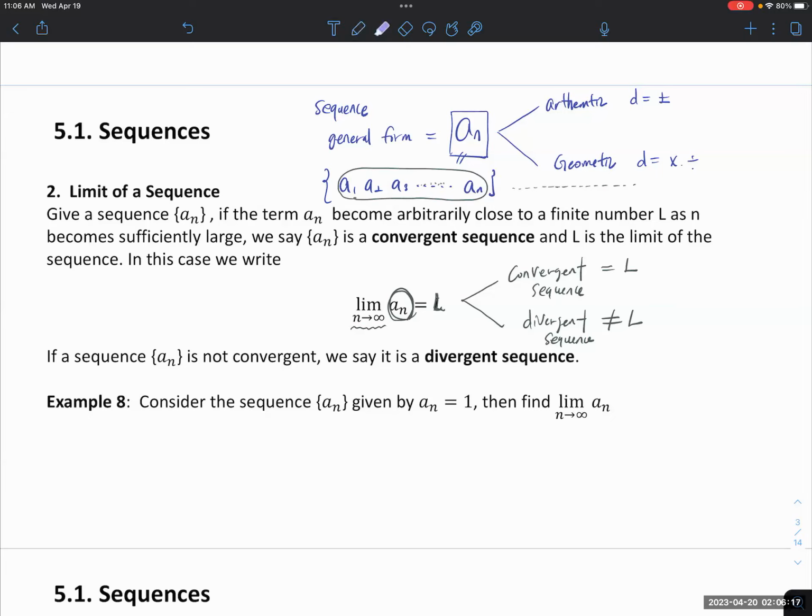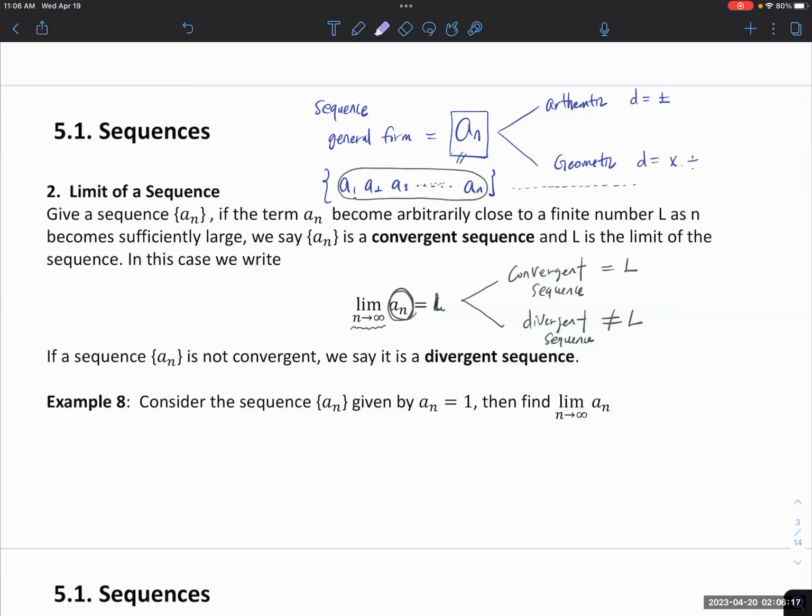I'm going to give you the sequence a_n, and they say a_n is 1. So what does it mean? a_n equals 1 implies that when n is 1, a_1 is going to be 1. No matter what n, a_n is always going to be 1. When n is equal to 2, it's going to be 1.